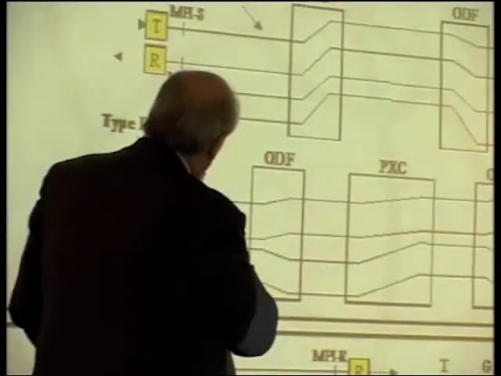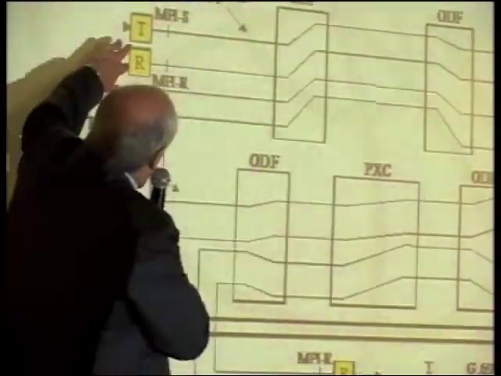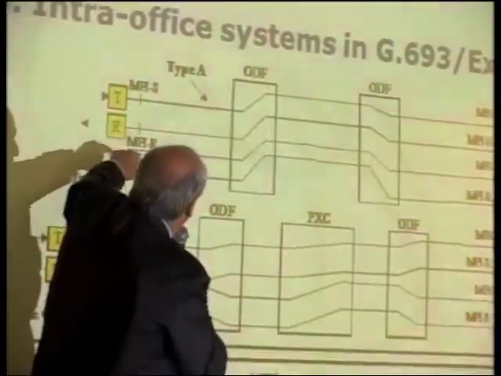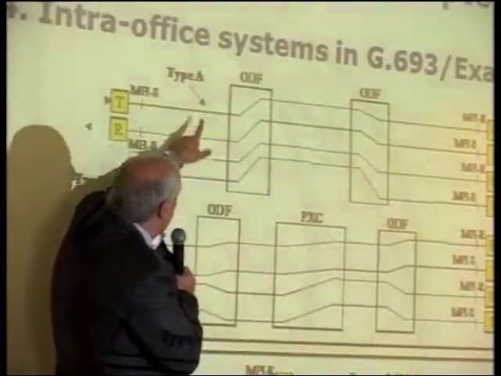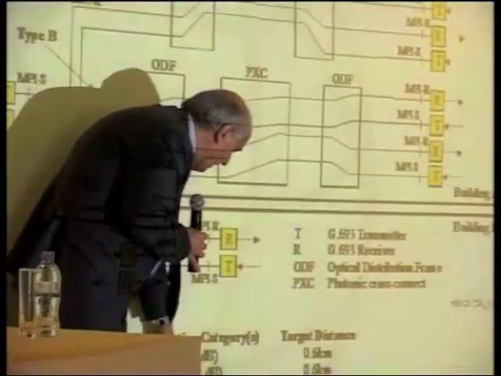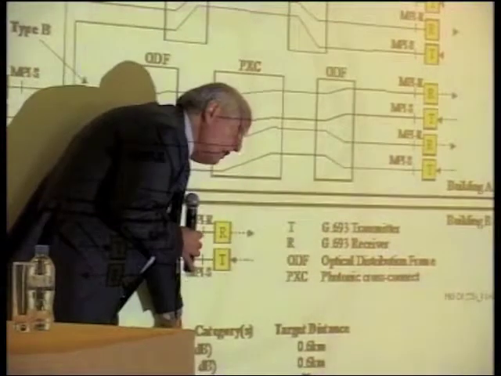On the top row, I have a system, transmitter and receiver, and a transmitter on the other side, which is of type A. Type A means that the attenuation category is the reduced one, 4 dB.